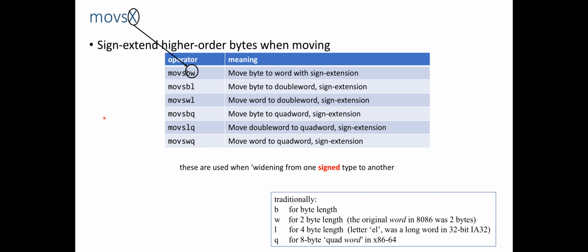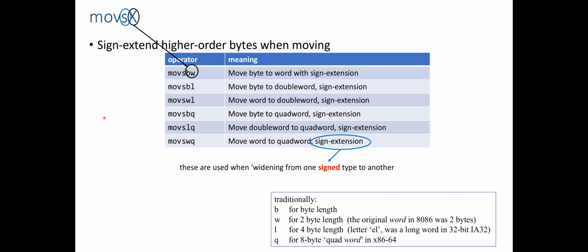These are used with signed values. That's what the S is indicating, and the sign is extended. So this will work for negative numbers, for example, because we'll do a sign extension. Instead of zeroing it out, we might put all ones into the higher order bytes when the move is done. With signed values, we need to make sure we're doing a sign extension.